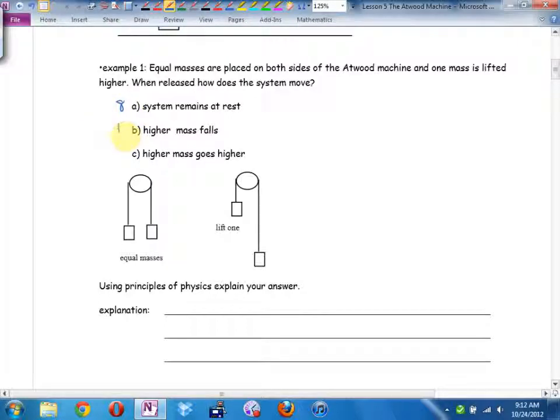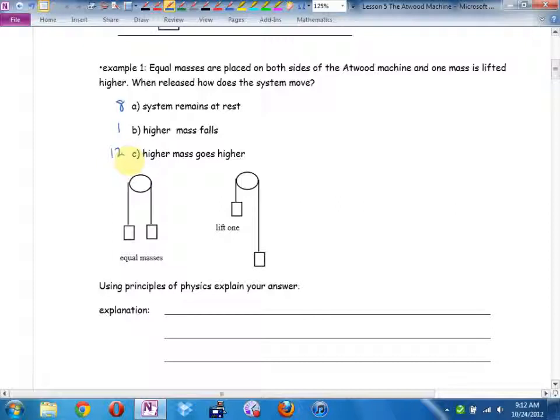Who says C, the higher mass goes higher? Convince me. This is the first time, by the way, that I think I've ever had a class have C be the winner, which is interesting. Doesn't mean it's right or wrong, I'm just saying.